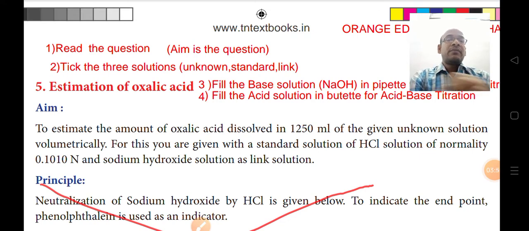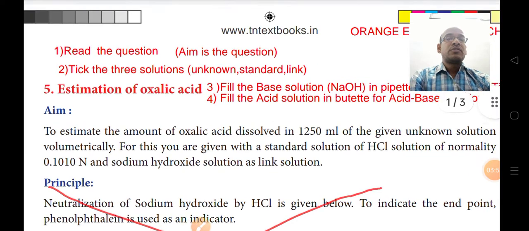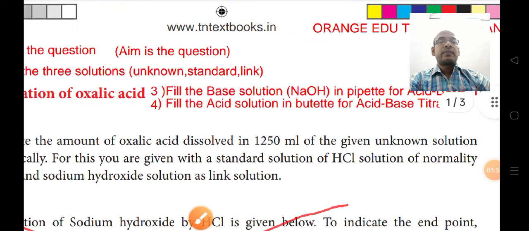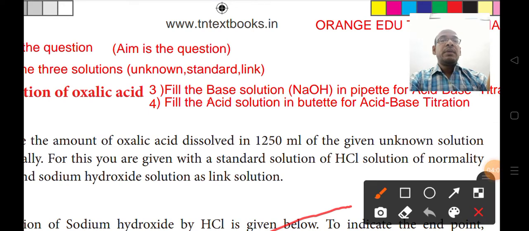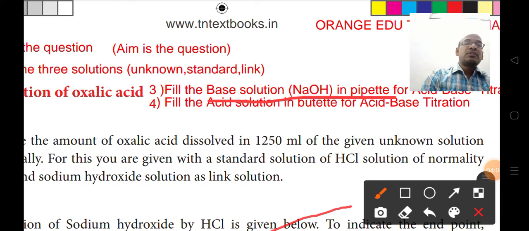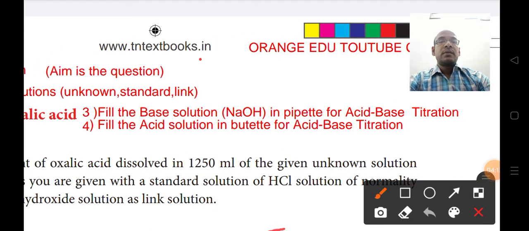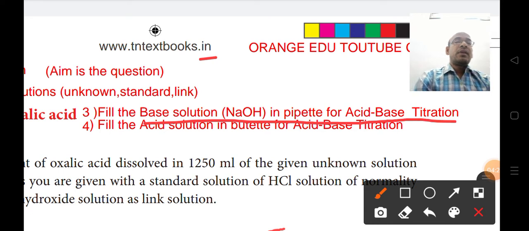Basic point for the acid base titration: we fill the base solution, in this case sodium hydroxide, always in the pipette. The base solution, sodium hydroxide in this case, is in the pipette for acid base titration.